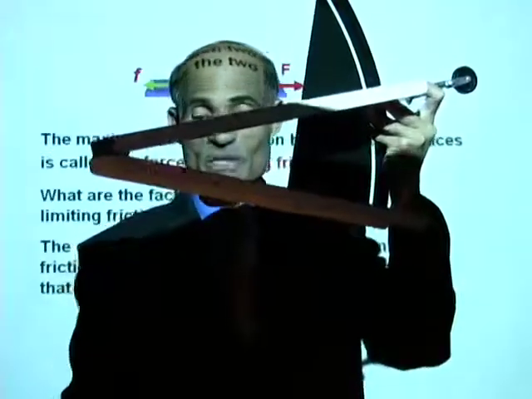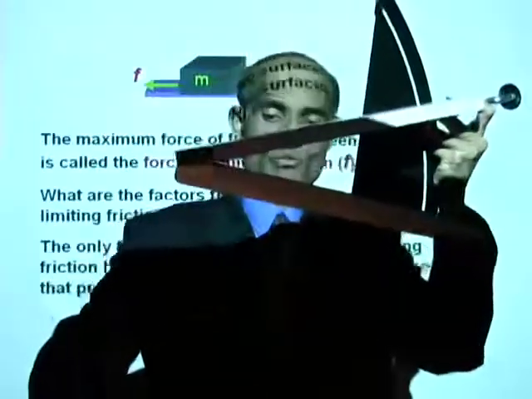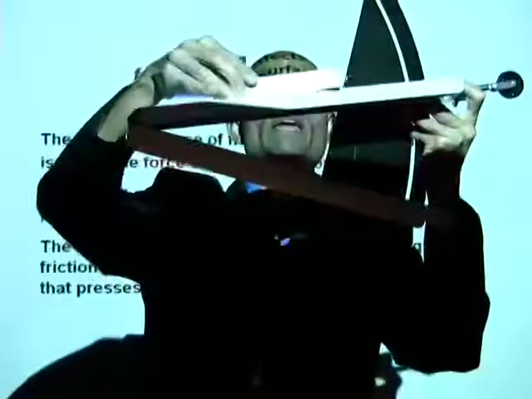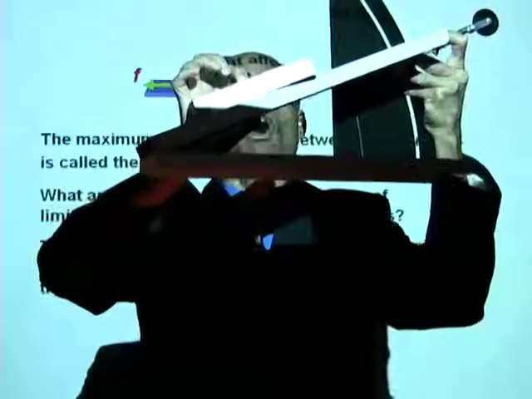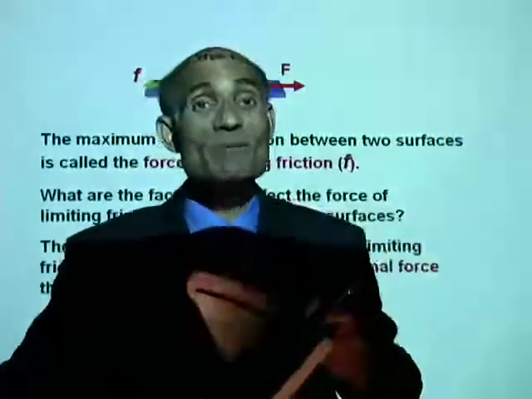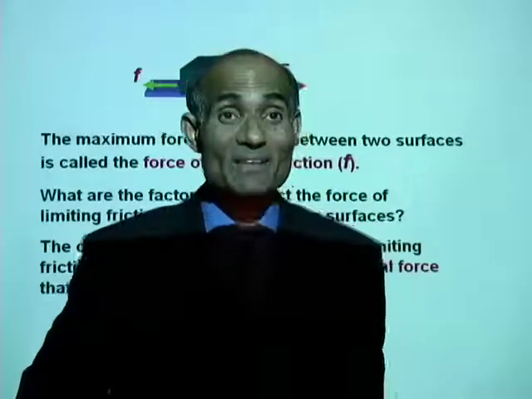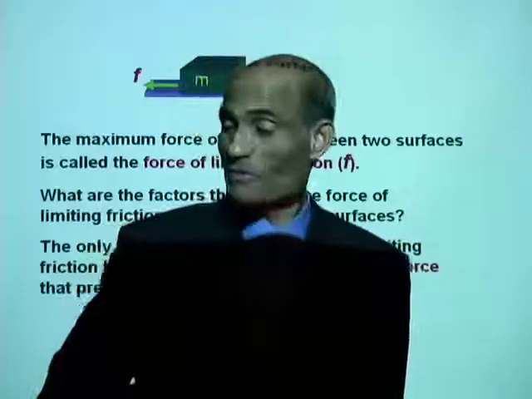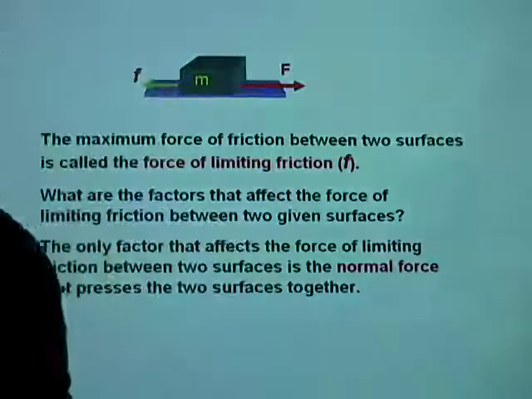Anybody remember that equation that we developed? What is the normal force pressing the wood onto the surface? It will be mg cos theta. Is that right? Yes, we will be looking at that as we move on.